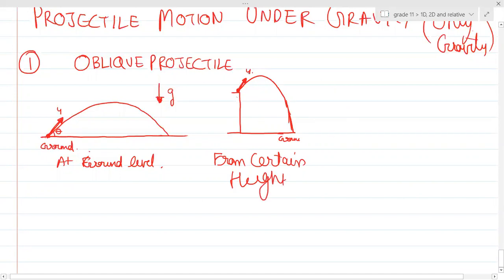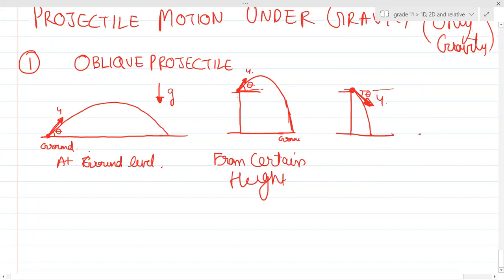In spite of throwing it like this, I can throw it like this as well. I can say, sir, I don't want to throw it like this. I can throw it like this. So can you see? It can fall like this as well. This is also from a certain height, thrown above the horizontal and also thrown below the horizontal. So two cases.